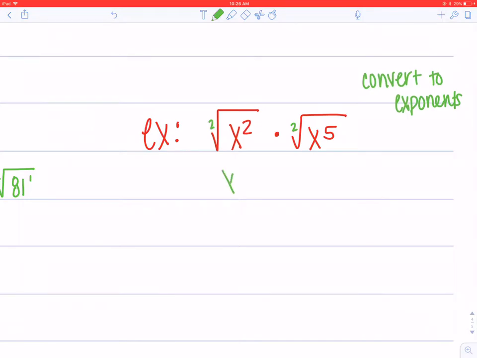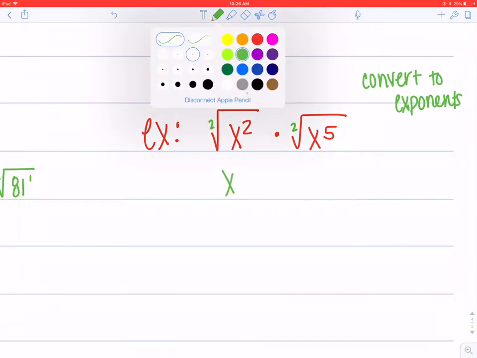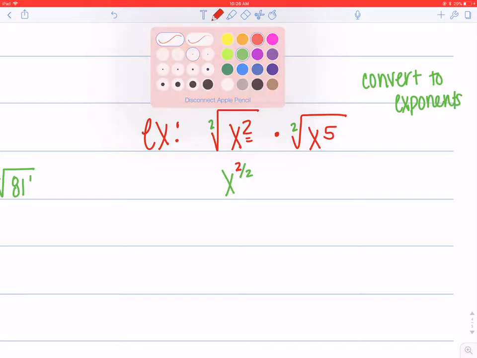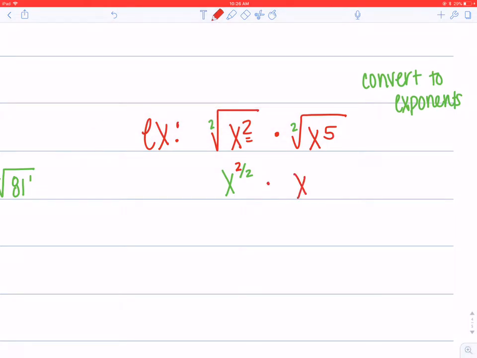So I'm going to have x, the inside squared, divided by the index, so I have x to the 2 over 2, and then this one I'm going to have times x to the 5th, because it's inside, over the index.